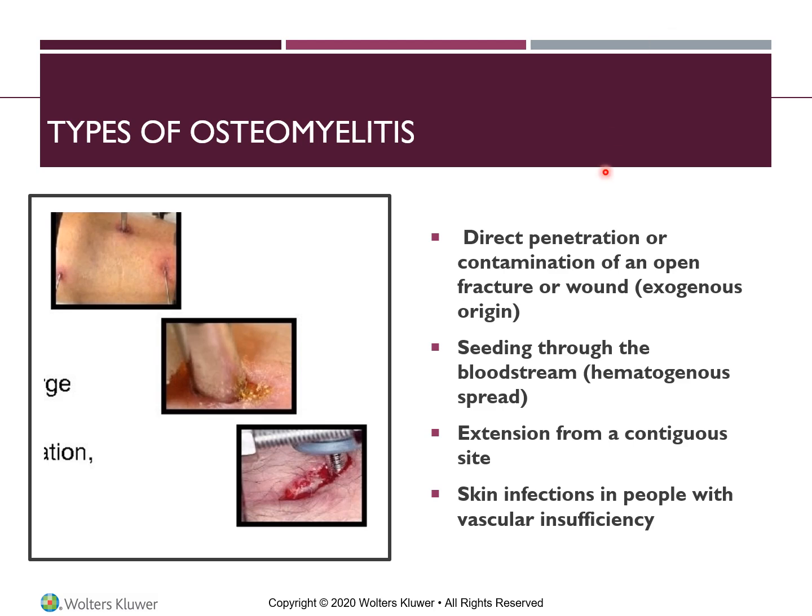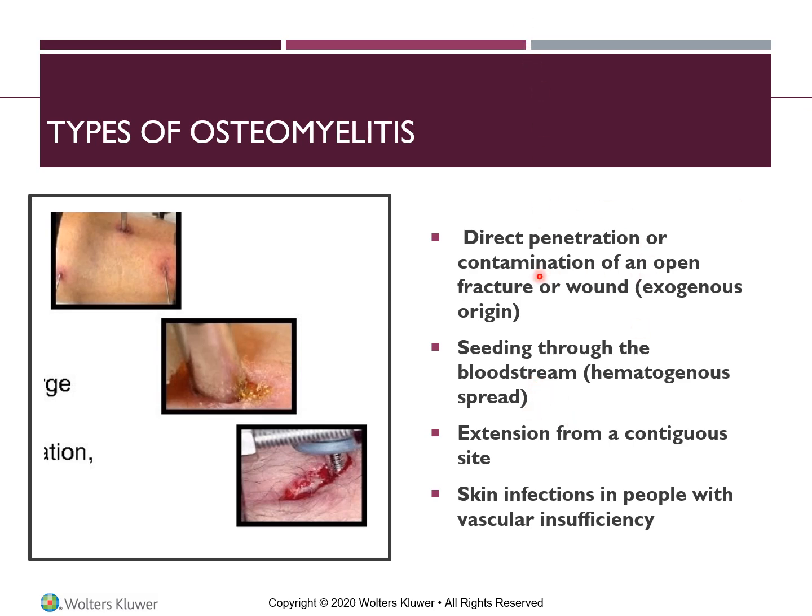Okay, so another complication of fracture or of any kind of procedural stuff to bony tissue is something called osteomyelitis, which is inflammation and infection of the bone. So there are several different causes of osteomyelitis. We're going to focus on direct penetration and hematogenous spread.